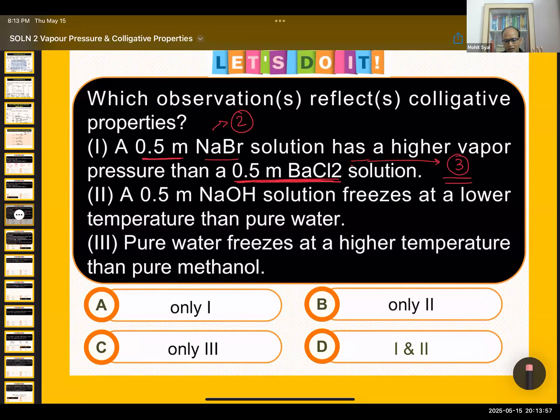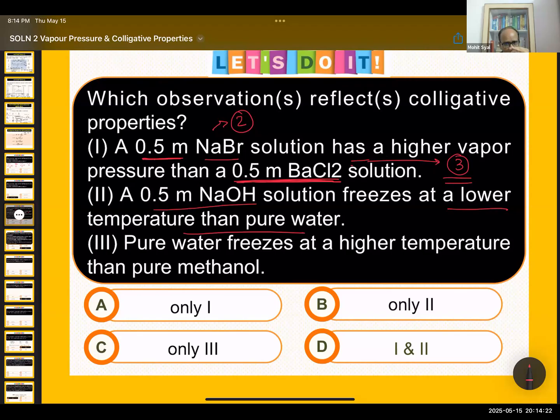Okay. 0.5 molar NaOH solution freezes at lower temperature than pure water. Sure, and obviously it is going to happen because NaOH is a solute, and when you add solute, the freezing point goes down.